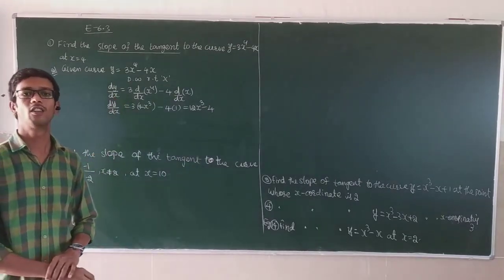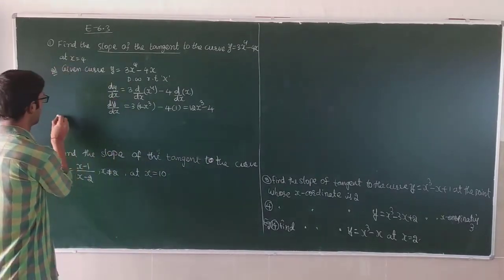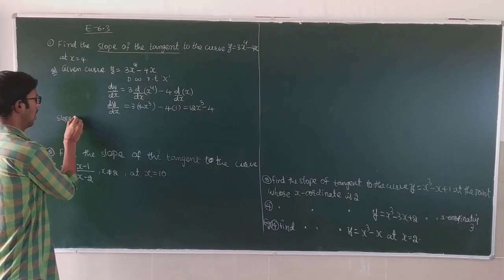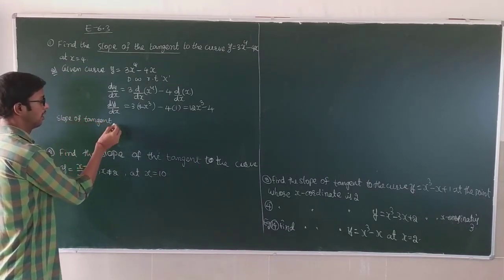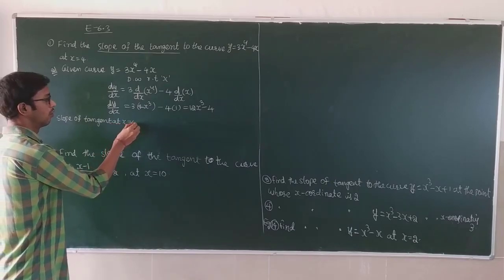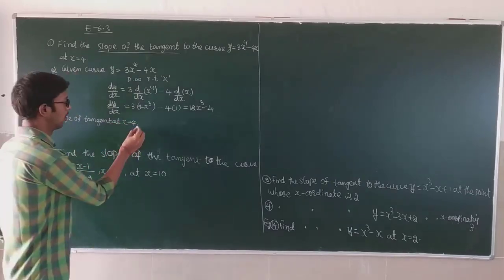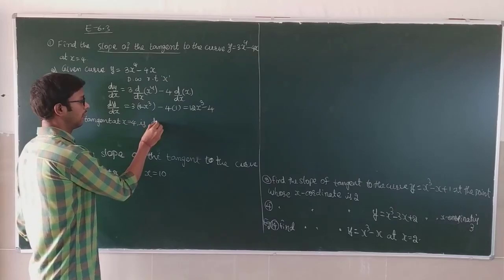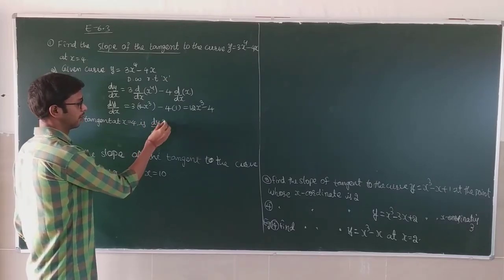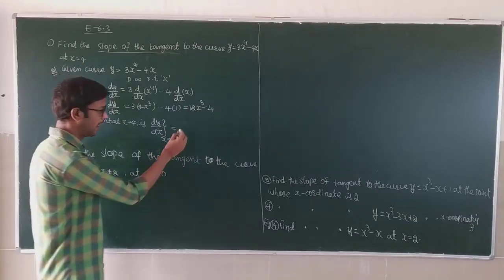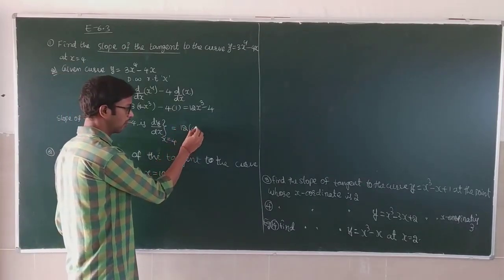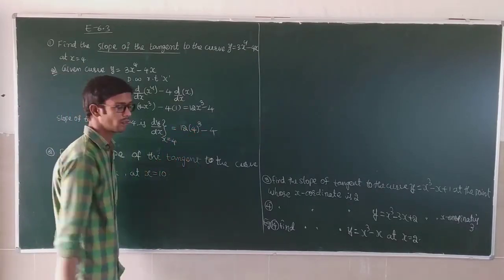Now what do we need? The slope of the tangent at x equal to 4, which is dy by dx at x equal to 4, is equal to 12 into 4 cube minus 4. Simplify this.